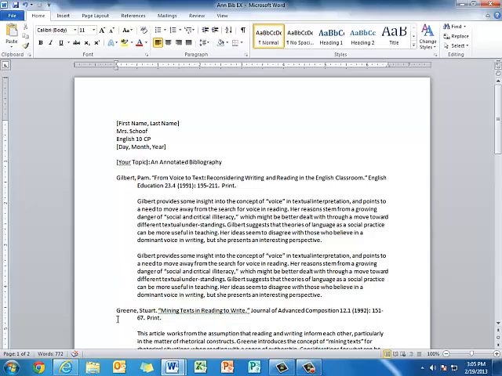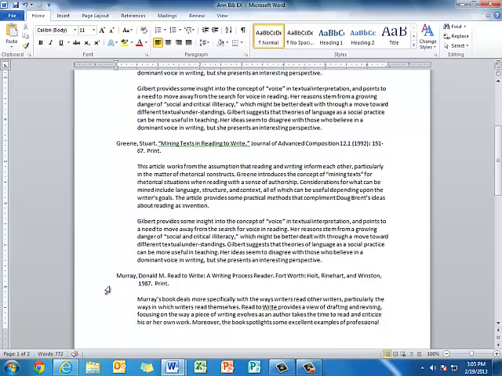As you can see, they're alphabetized, and they have a hanging indent as well. And there are 2 paragraphs for each source. And those paragraphs align with the hanging indent. So as you can see, there's not another indent.